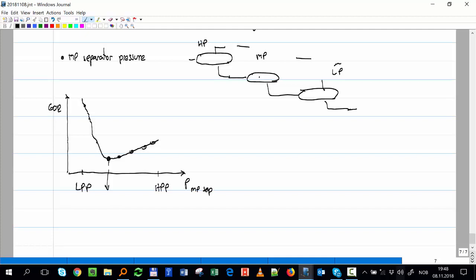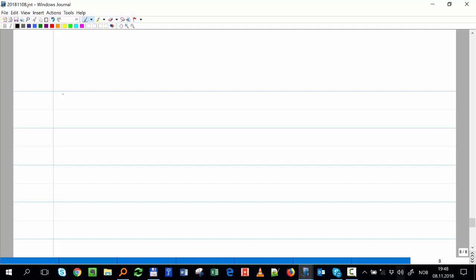Now, how do I study this, a separation process or process simulation? So what tools do we use? How to study or how to model a separation process?